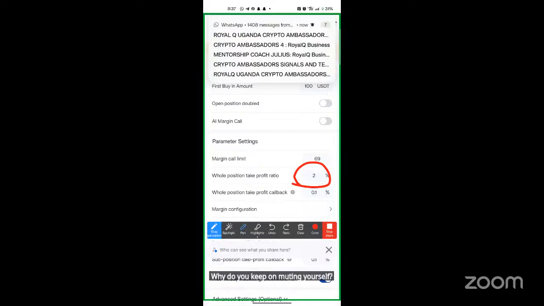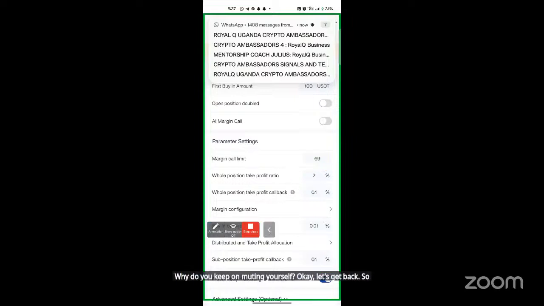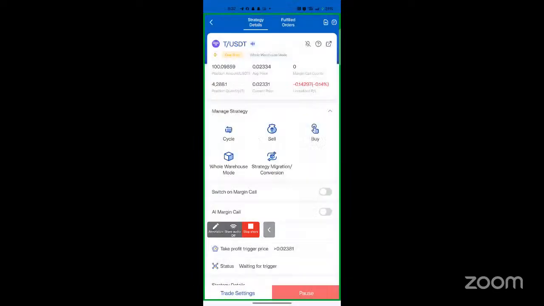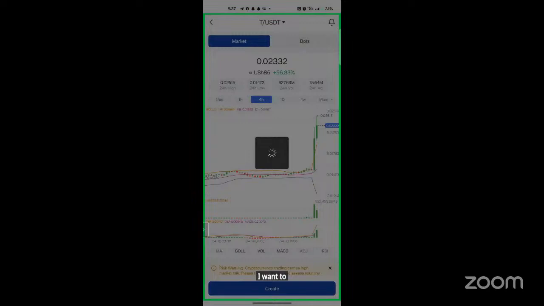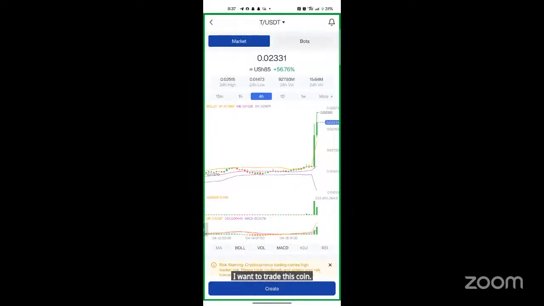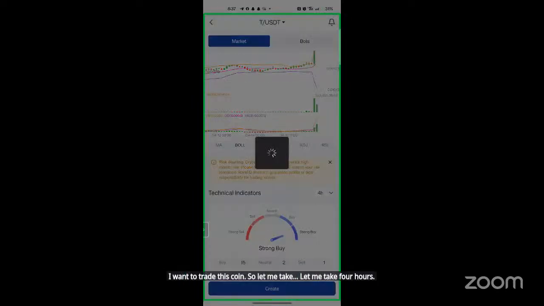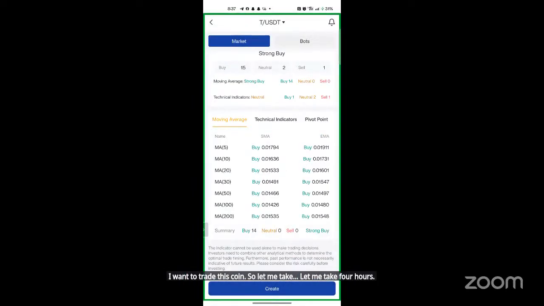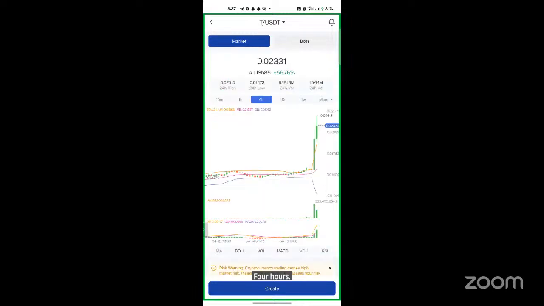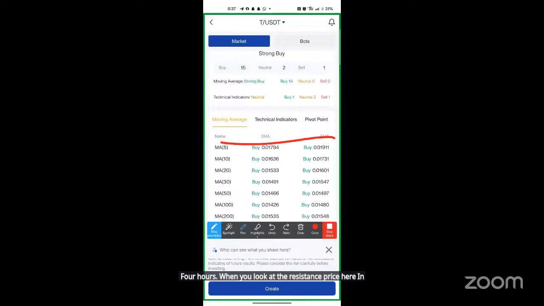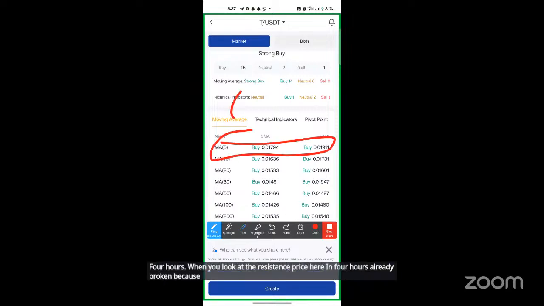Okay, let's get back. So I come here with pivot points. I want to trade this coin. So let me take 4 hours. The 4 hours, when you look at the resistance price here in 4 hours, it is already broken because the current price is 0.02.